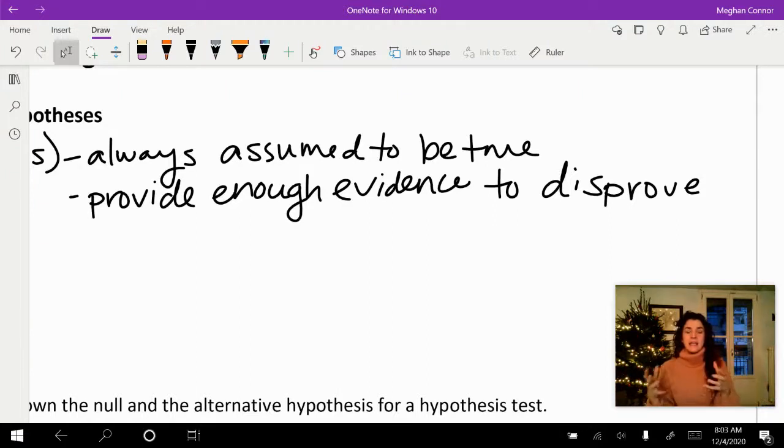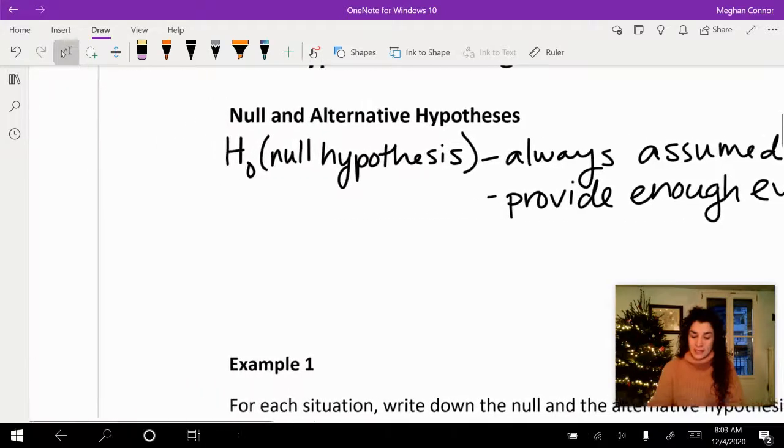That's the idea of the null hypothesis: we go into it assuming that everything is true, but our goal is to provide enough evidence to show that it's not true. So that can be a little confusing. I'll have additional help links available to you in your Unit 11 resources page for you to practice this.